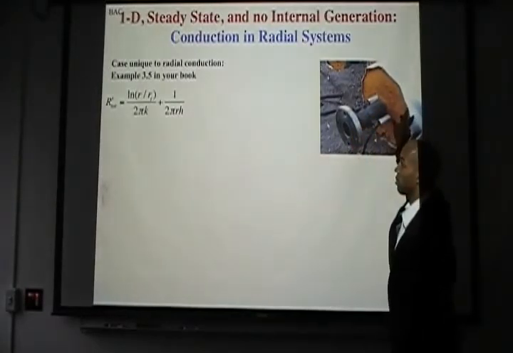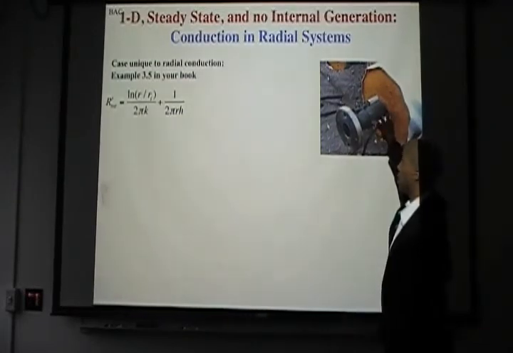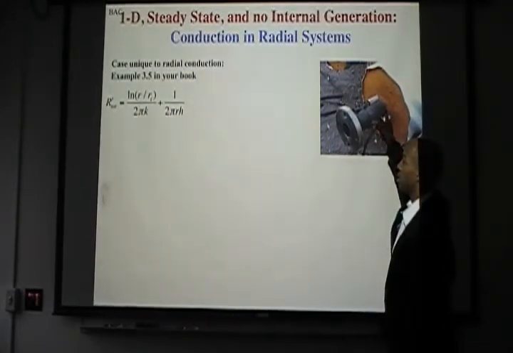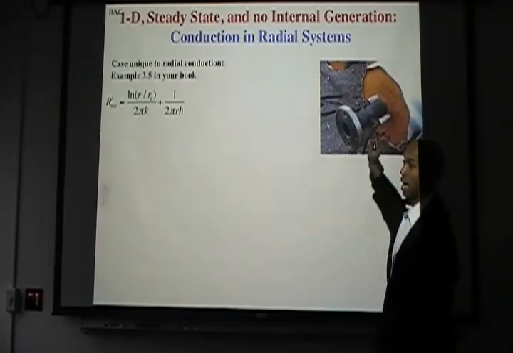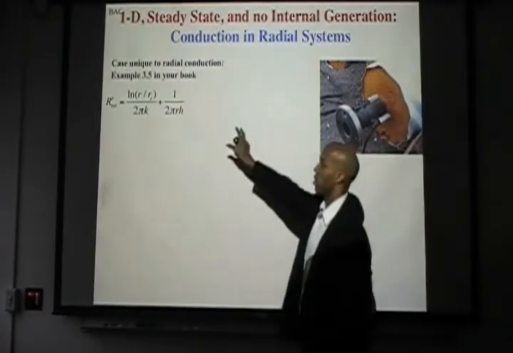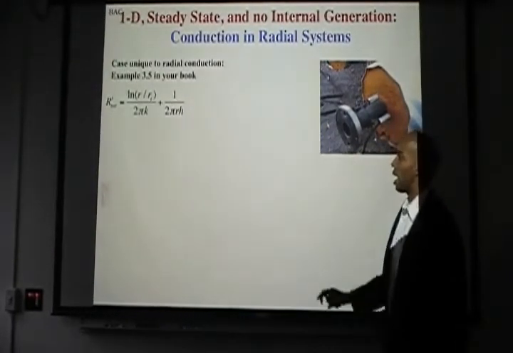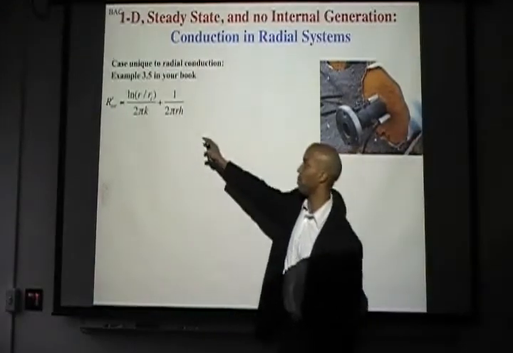Well, the important parameters here are the resistance, the total resistance. If we just have one layer of insulation, this insulation has an inner radius, Ri, at the pipe wall that has a fixed temperature, and then it has an outer radius R. So this relationship is showing the conductive resistance of this insulation. Then on the outer surface, you have convection occurring.